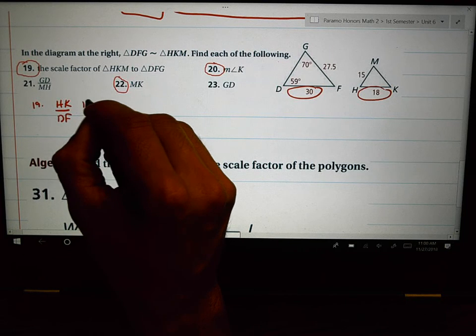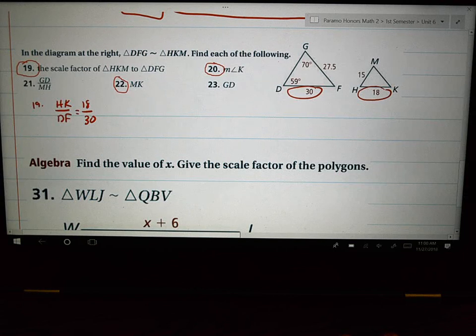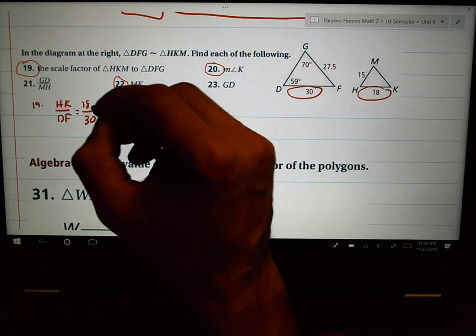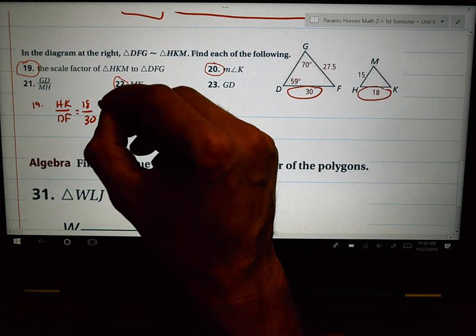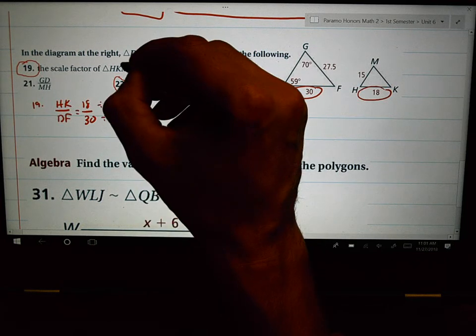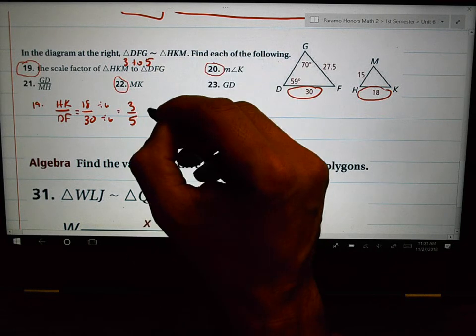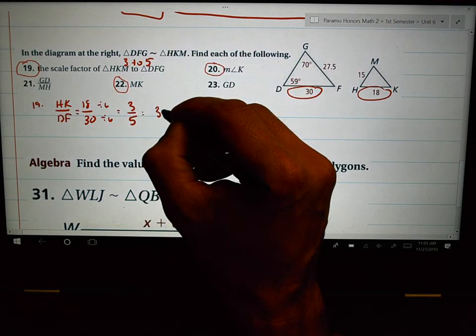HK was 18, and that is going to compare to 30. This reduces, divide by 6, is 3 over 5. And so our answer for number 19 should be 3 to 5.